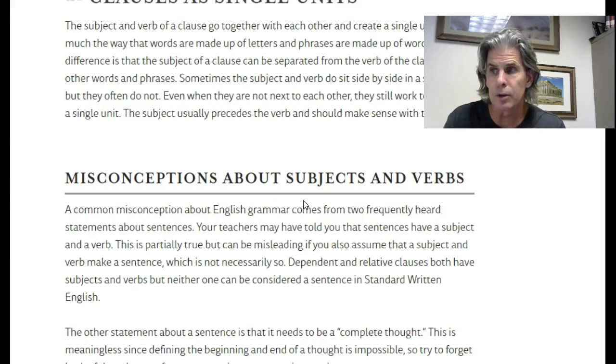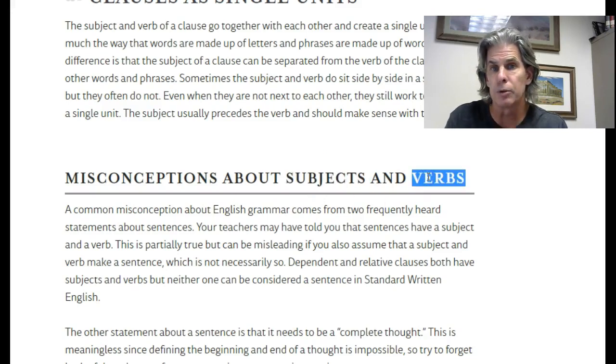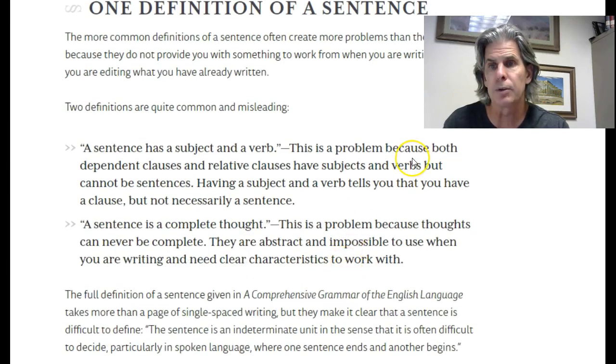You don't understand that somebody is the spouse of another person unless they are in a marriage. That's what they are. Subjects and verbs are linked together and create clauses. And then you decide, is this an independent clause, a dependent clause, or a relative clause? So don't think of subjects and verbs as separate. Think of them as spouses, that they need each other, that they have to be together in order to make that clause. Okay?